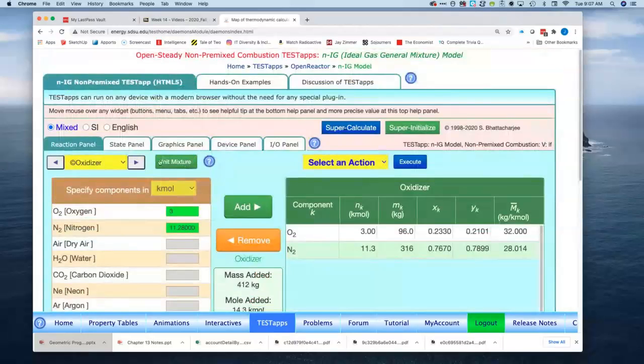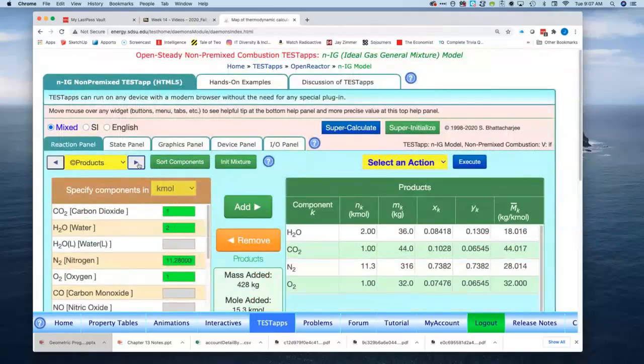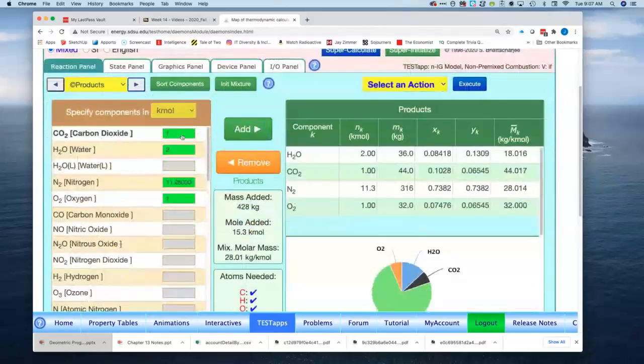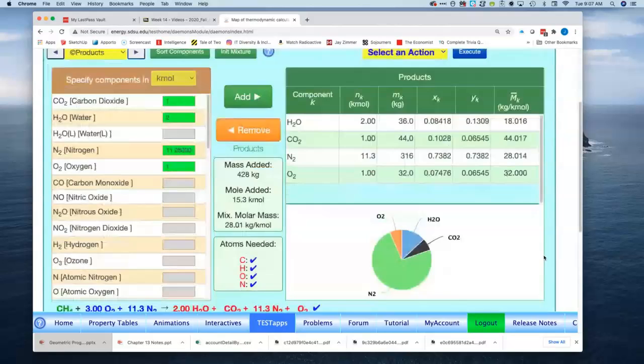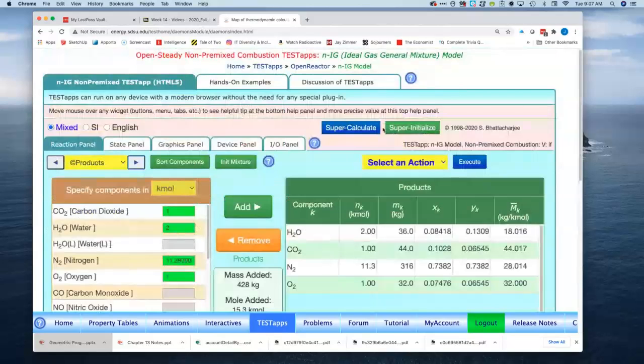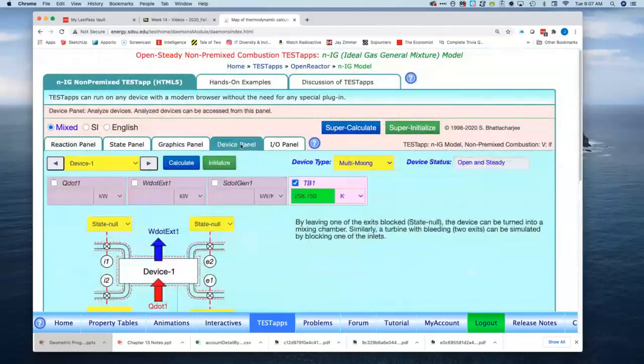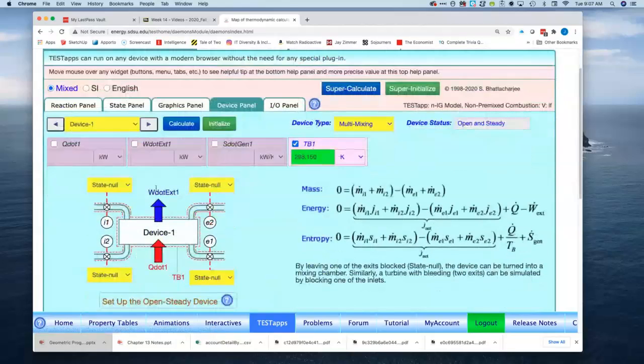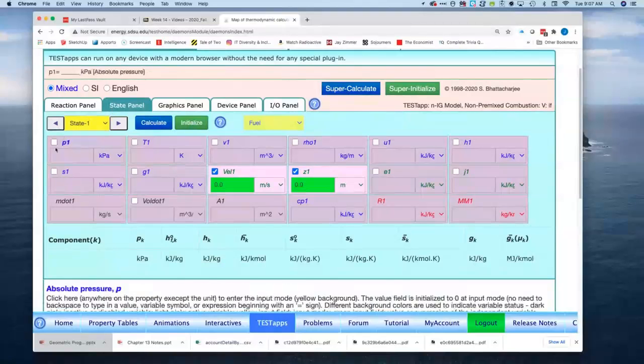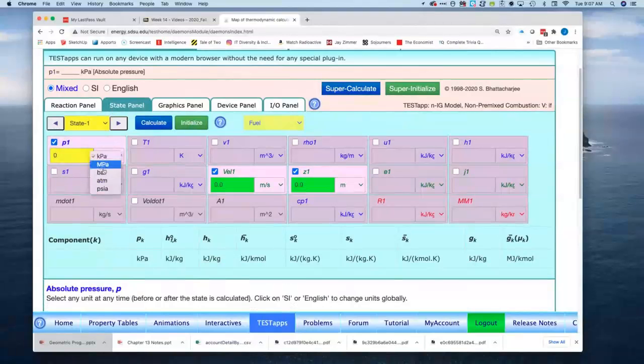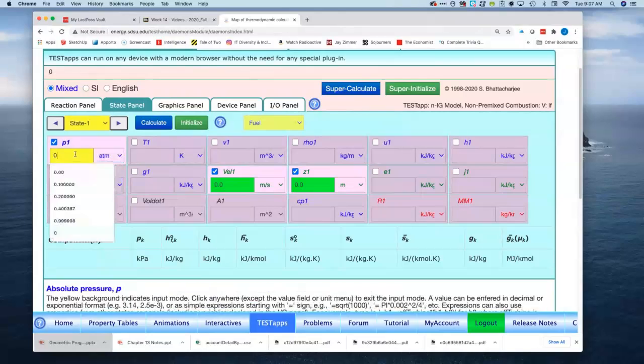Then we could go to our products, and we see these are our products, and they've already put them in. This is mixture C. Then we can go to the device panel, and then the state panel. Oh, we have to give our states. State 1 would be 1 atmosphere of pressure.